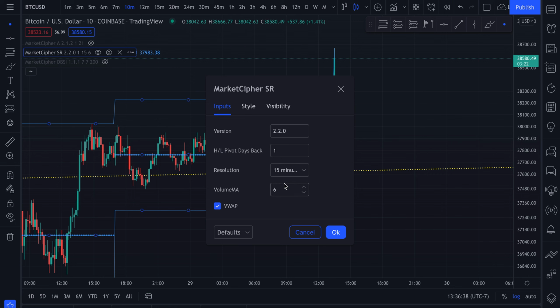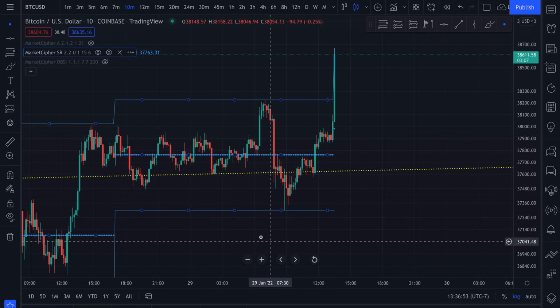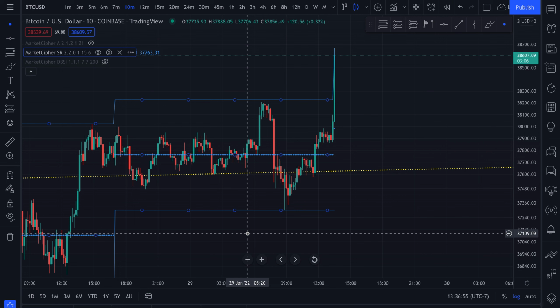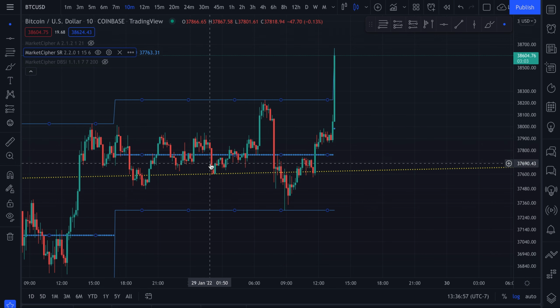I just keep it on 15 minutes. That's what Flopping Groper and Crypto Face recommend, and that's like the default settings, how Market Cipher comes. But that's the pivot high, pivot low, and the range median.